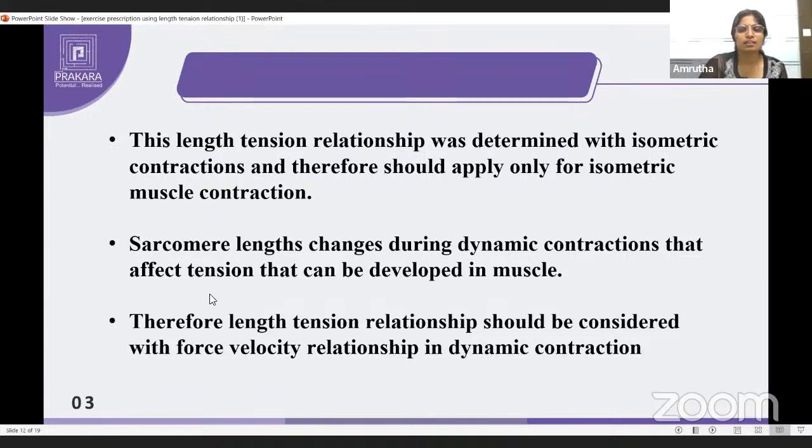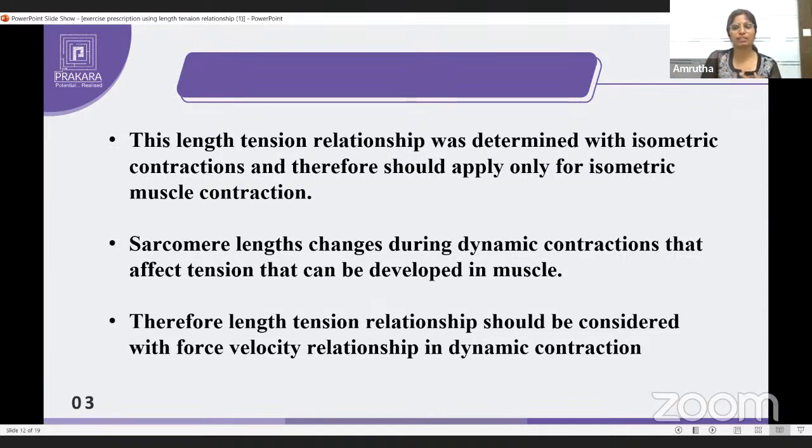Now, see, the sarcomere length changes during dynamic contractions that affect tension that can be developed in a muscle. Hence, whenever you're thinking about length tension relationship, considering its ability only for isometric, 90% of the times will actually give you good results than trying to implicate this length tension relationship in all the aspects.